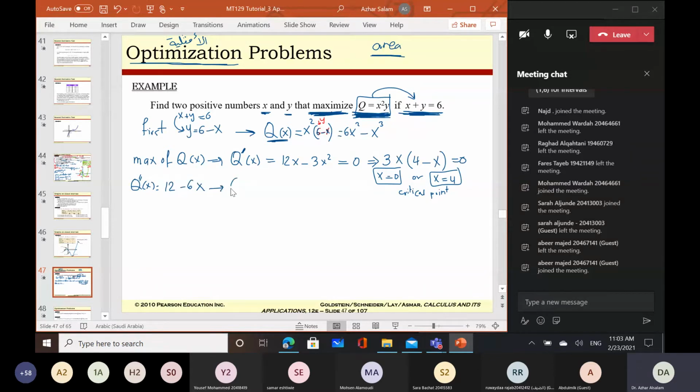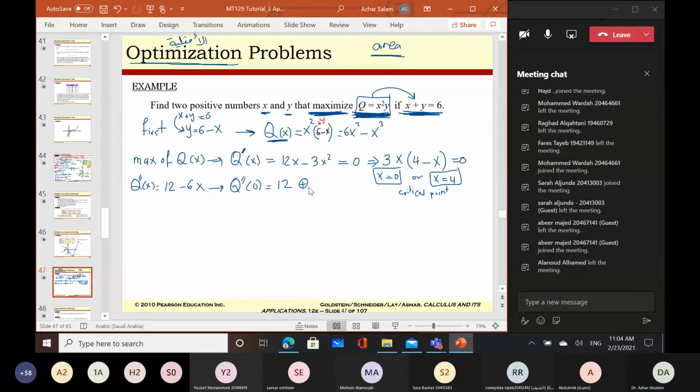So I substitute in the second derivative with 0, which is the critical point, equals 12 minus 0, 12, which is positive. So the second derivative at a critical point is positive, so it's a minimum. So it did not maximize the value. This is not my point.